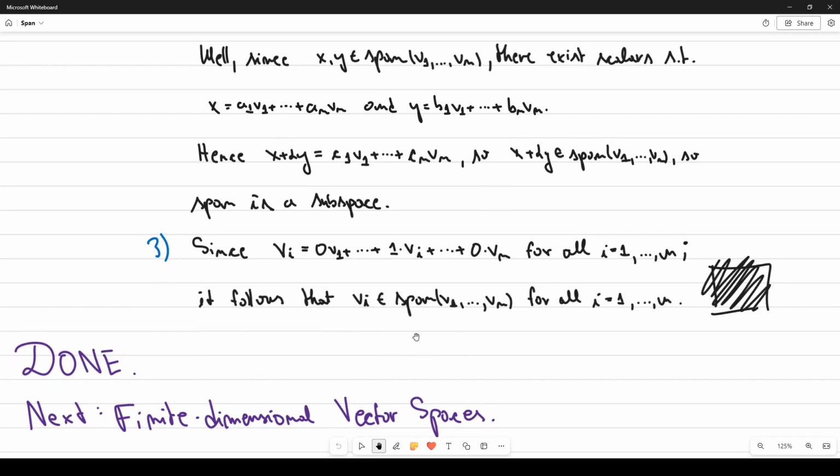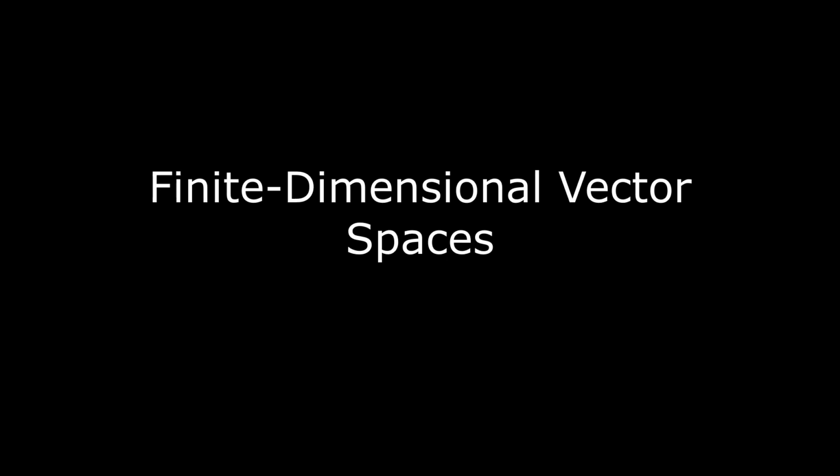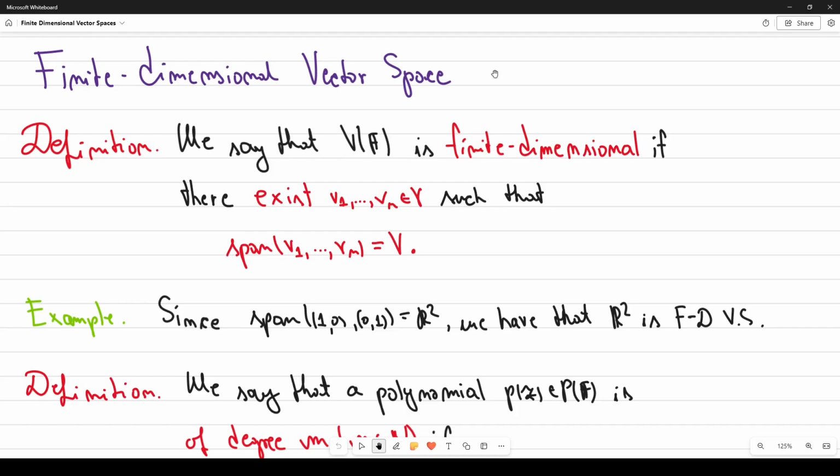And now we can move on to introducing the concept of finite dimensional vector spaces. Now that we've covered the span of some given vectors, we can introduce this concept. So, the following definition: we say that a vector space V over F is finite dimensional if there exist some vectors v1 to vn belonging to V such that the span of those vectors is equal to V. So let's give an example.